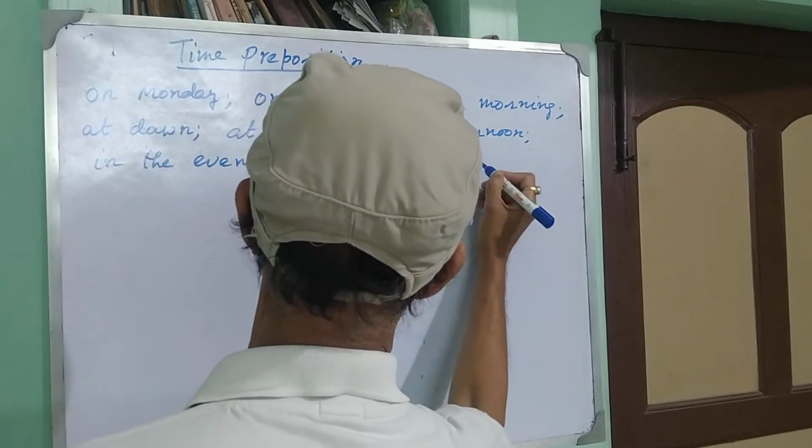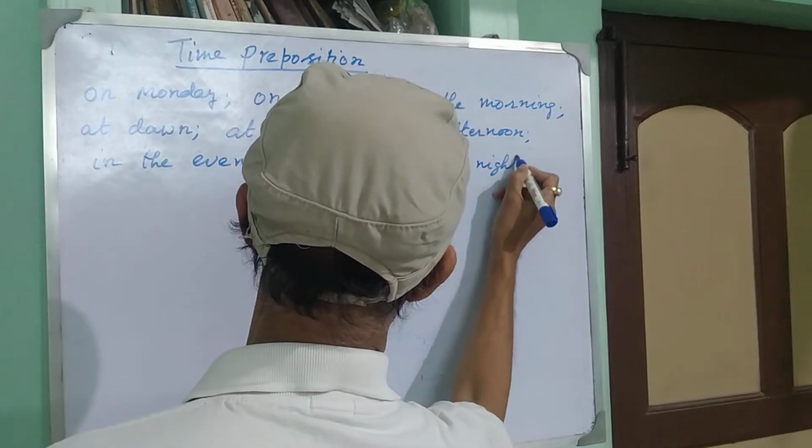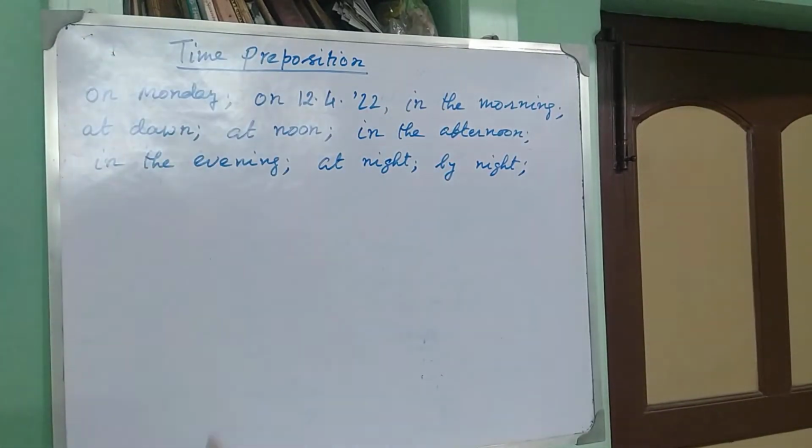By night. Then what is the difference between at night and by night? At night means within the night or at a particular time, but by night means within the cover of the darkness of night.